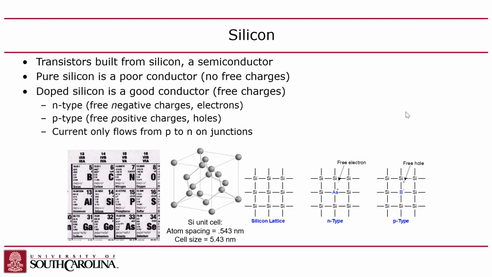Okay, so I mentioned that silicon is a semiconductor, though. So pure silicon hardly conducts electricity at all. But what you can do with it is dope it. If you take an atom from column 3, which is going to be boron, aluminum, or gallium, you can blow it inside the lattice, basically.